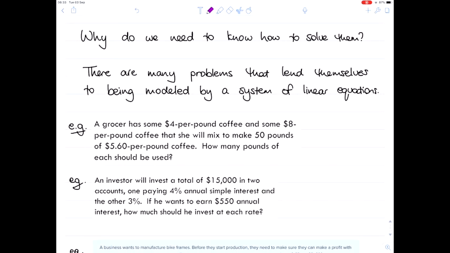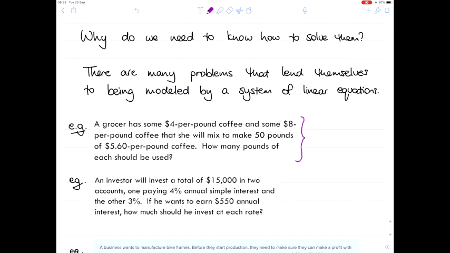So you might be asking why on earth you need to know about these things. Well, it turns out that there are many, many situations that lend themselves to being modeled by a system of linear equations. And here are just a few examples. So this example is a fairly simple toy example.